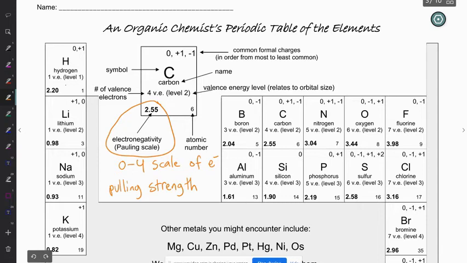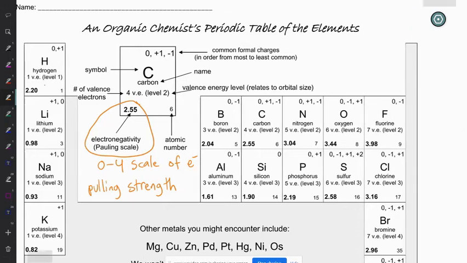And the key is that when you look at two atoms bonding to each other, by looking at their relative electronegativity values, you can get an idea of who is stronger. Ionic bonding happens when there's a big difference in strength, and covalent bonding happens when there's a smaller difference in strength, so there's more sharing. Okay, so that's a key concept.